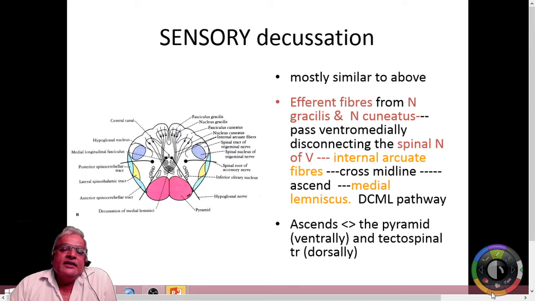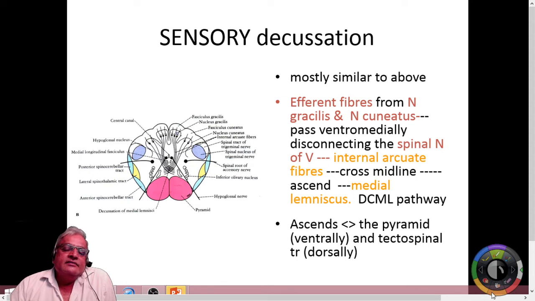From there, the second order neuron will cross over, the fibers will cross over and then terminate in the thalamus. From the thalamus, the third order neuron will get projected into the sensory cortex.